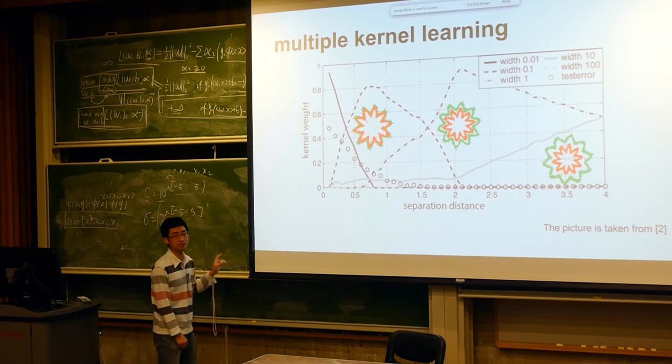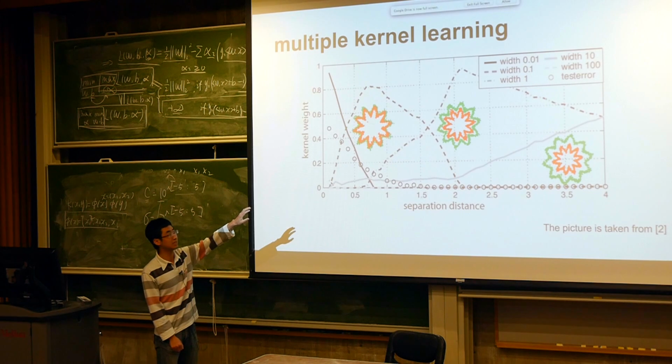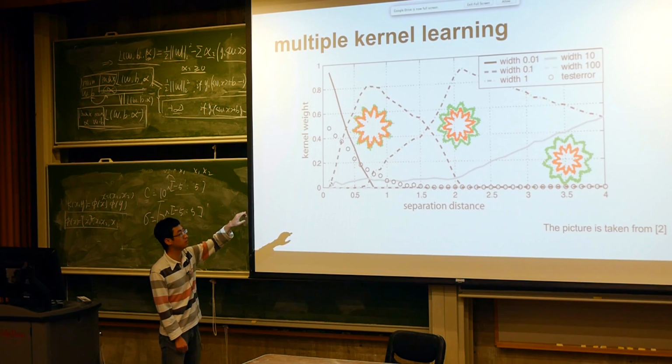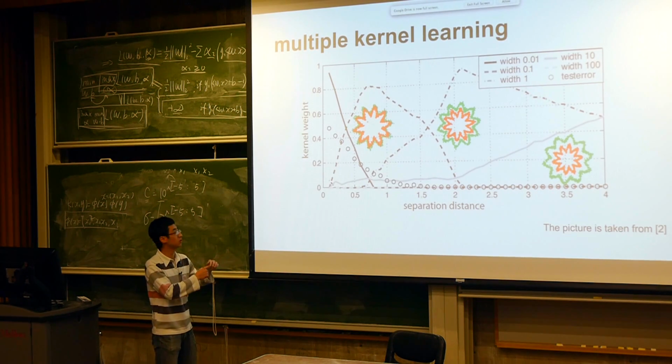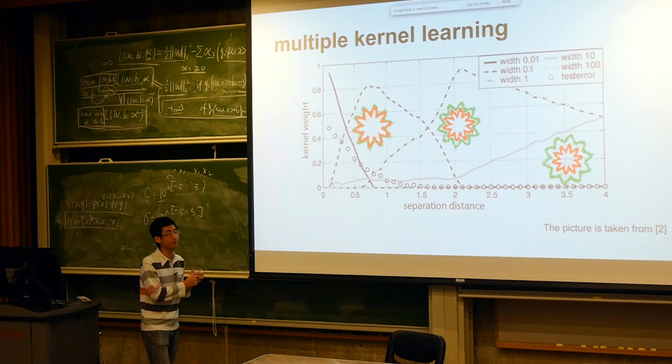I want to classify the two sets. And we use a combination of 5 kernels with different widths, from 0.01 to 100. We use a combination of these 5 kernels to classify these two sets.